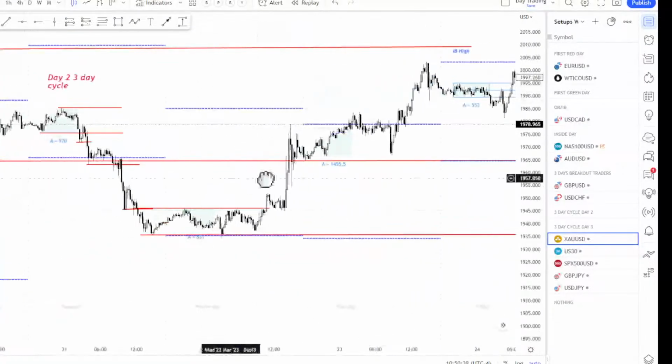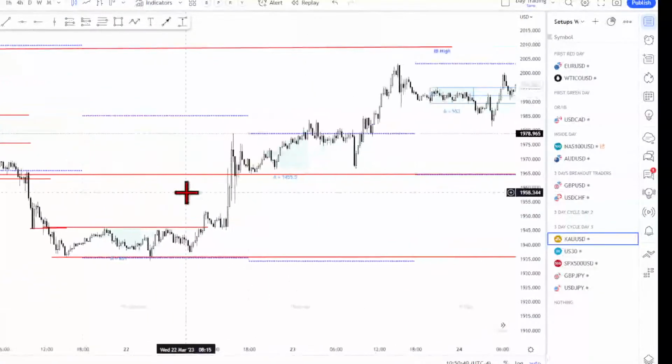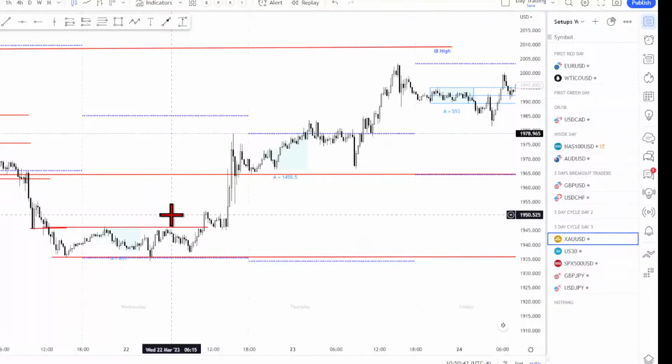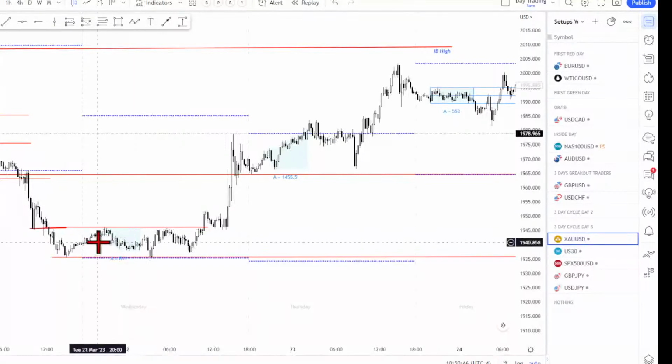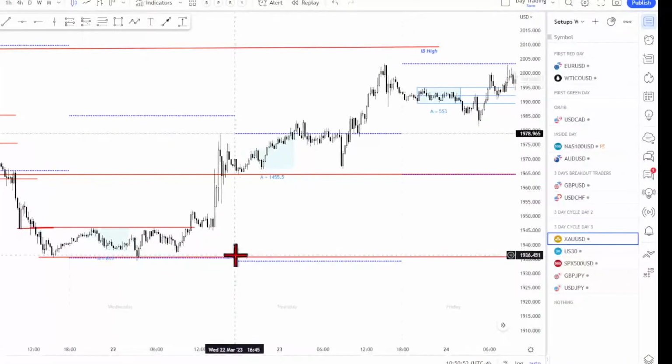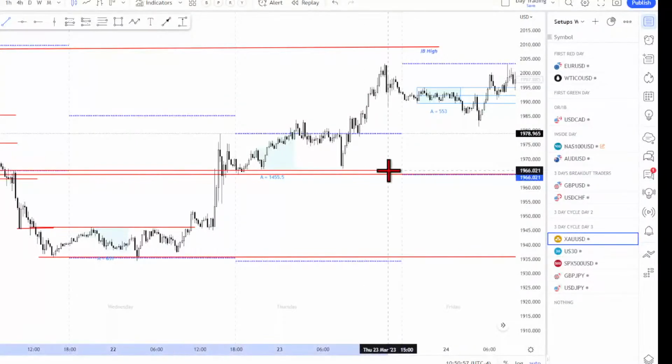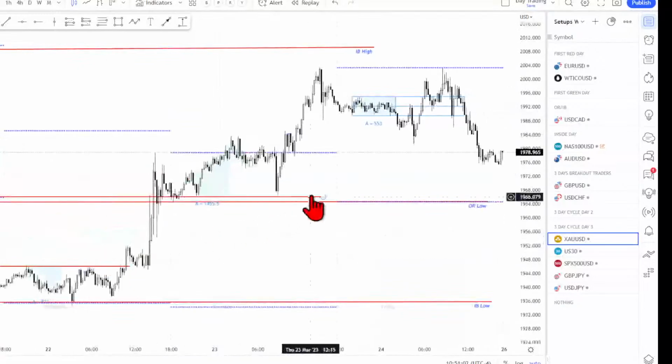We had our day 2, day 3. A lot of times that will become our day one, right? If it were to reverse, this is very obviously a first green day. We've worked the low, blah, blah, blah. Traded up, look where they traded back to. Trap volume, low of the week. Day one.